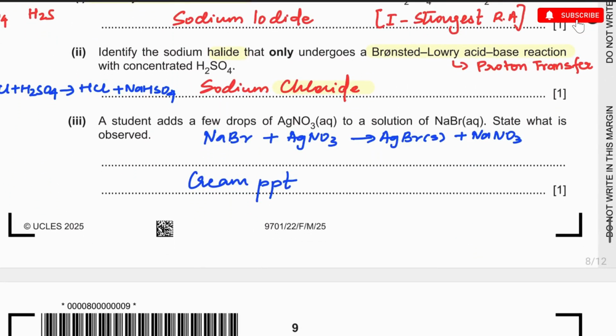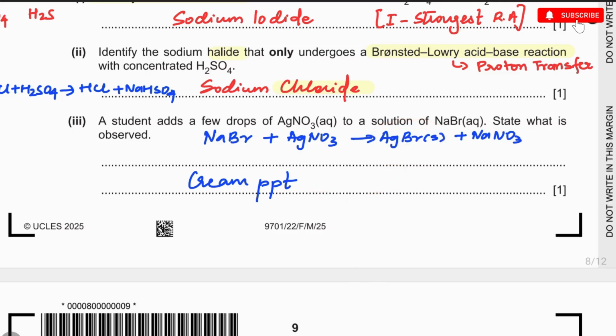Next question, third. A student adds a few drops of silver nitrate to a solution of sodium bromide. State what is observed. Over here, we have taken AgNO3 and sodium bromide. So NaBr plus silver nitrate gives us silver bromide, which is a cream precipitate.